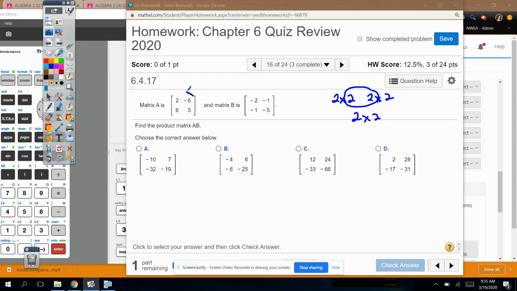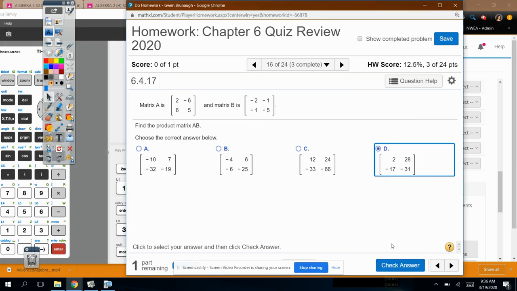Taking A times B, remember, you pretend this 2, -6 is moved over here. We'll multiply and add. So 2 times -2 plus -6 times -1. That's -4 plus 6, which is 2. So 2 is going to be in that top spot. There's only one multiple choice that has 2 in the top spot. So that is my answer, D.